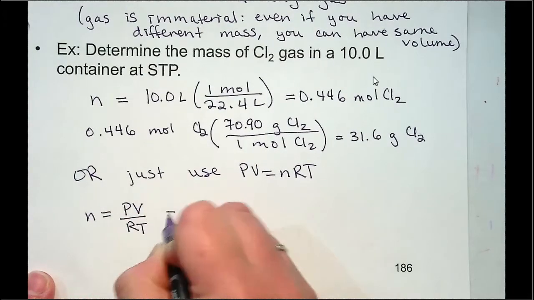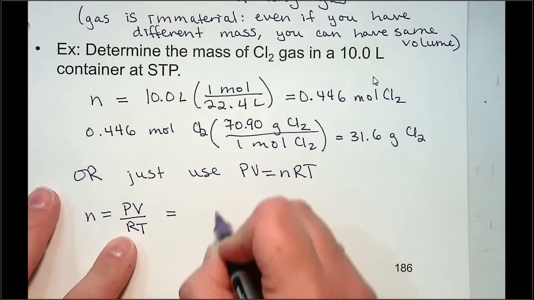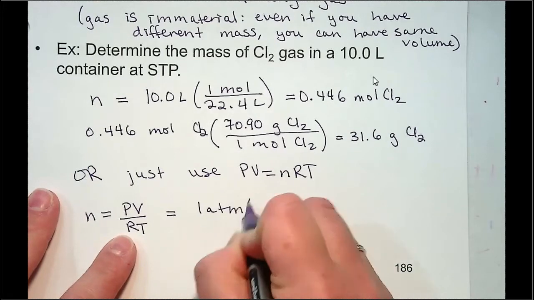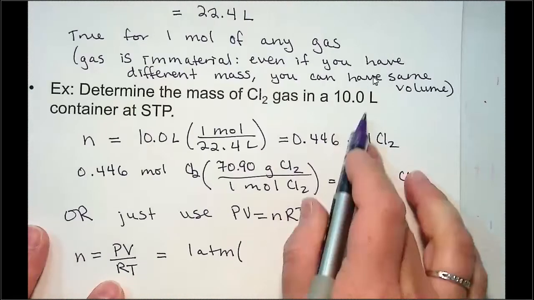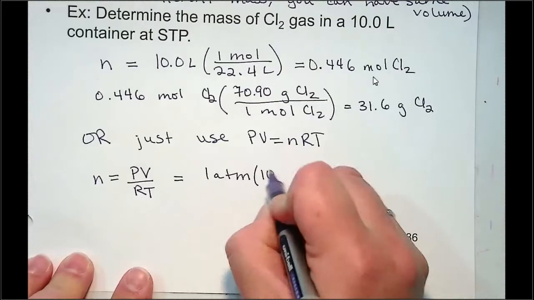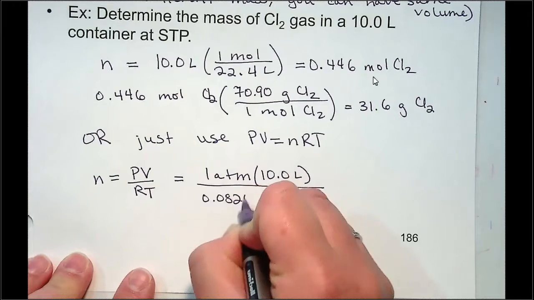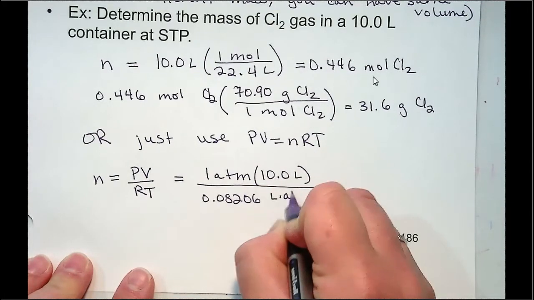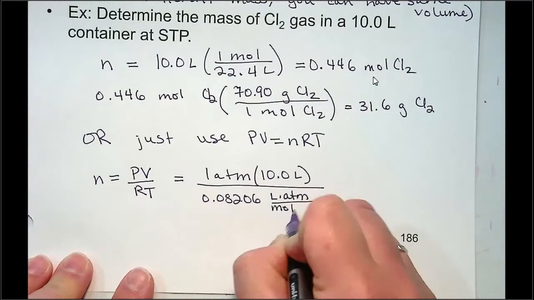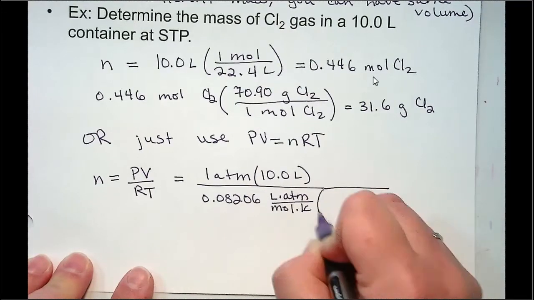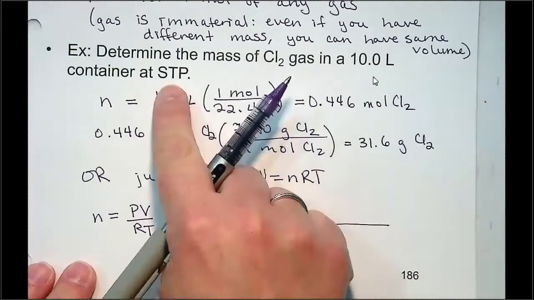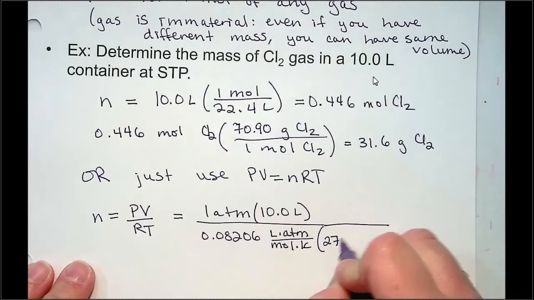The pressure at STP is 1 atmosphere. The volume given in the problem is 10 liters. R doesn't change, 0.08206 liters times atmospheres over mole Kelvin. And the temperature at standard temperature and pressure is 273.15.